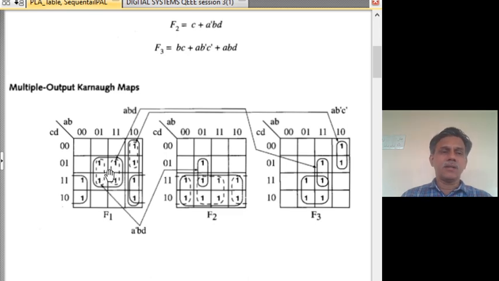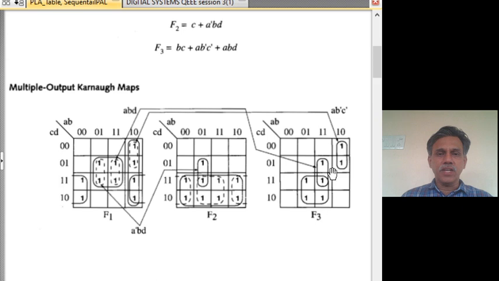For example, consider this square. If you cover it using a 4 square, then one term will be needed, and we can realize it. That is required for F1. Coming to F2, you have a 2 square that is here. We would try to generate it separately.